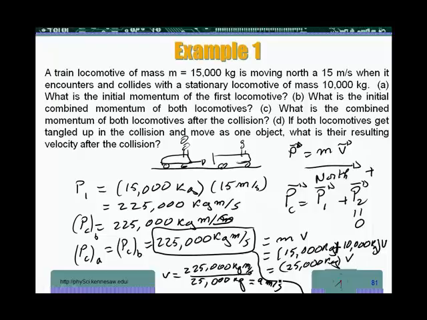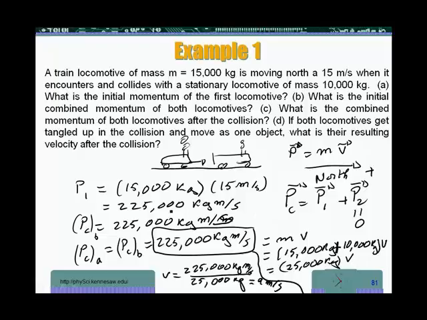Okay, that looks like a tricky problem, but it's simple. Again, to summarize what we had to do, we had to make a drawing of the situation. We figured out the momentum of the first one, it's mass times velocity. We took the positive direction as the north, so that momentum is positive. The momentum of the second one is 0 since it's at rest.